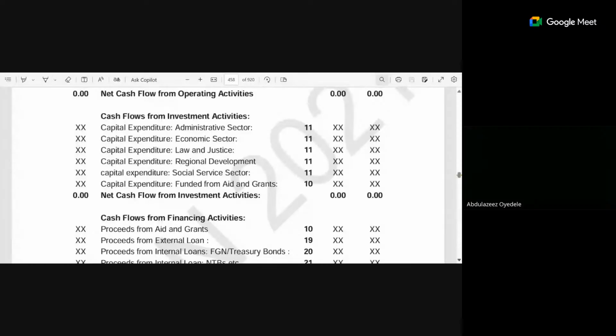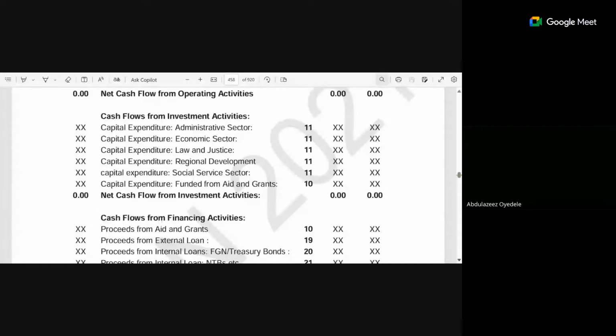So when the entity acquires non-current assets, or engages in construction of assets, or invests in other entities, maybe a particular company or business, these are investing activities. So the inflows and outflows that have to do with these kinds of transactions will be classified under cash flows from investing activities.